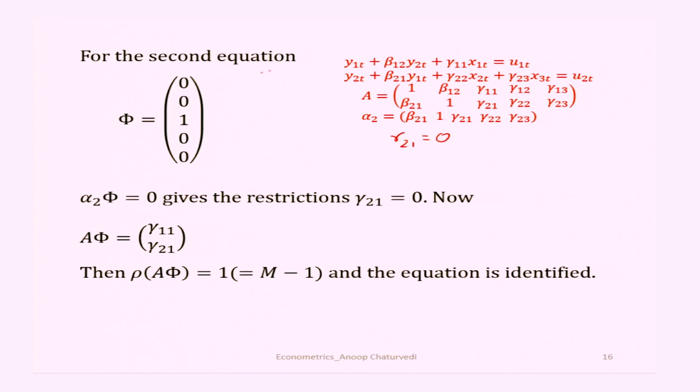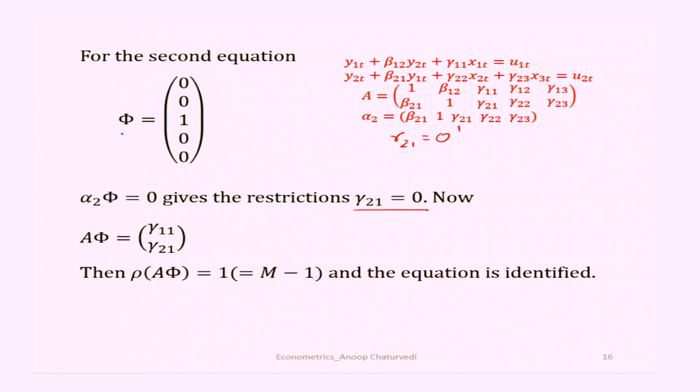So, we define phi matrix as, because you have just one restriction, you have just one column in phi matrix, and then you have 0 0, and then here you have a restriction gamma 2 1 equal to 0. So, you take 1 here, then 0 0. So, if you take alpha 2 phi equal to 0, then this gives you the restriction that gamma 2 1 equal to 0.